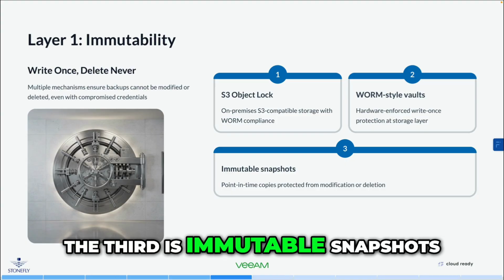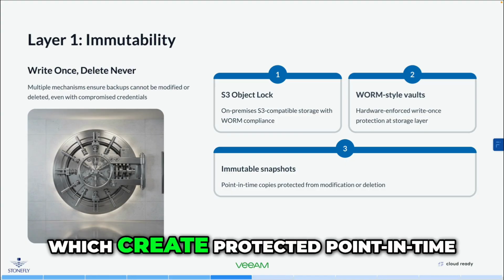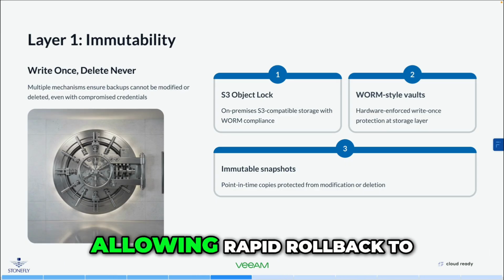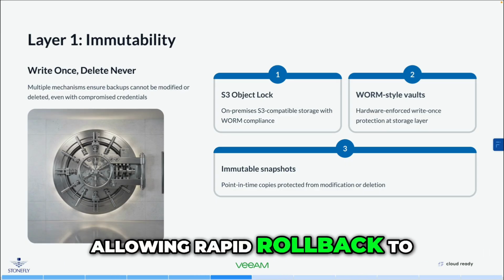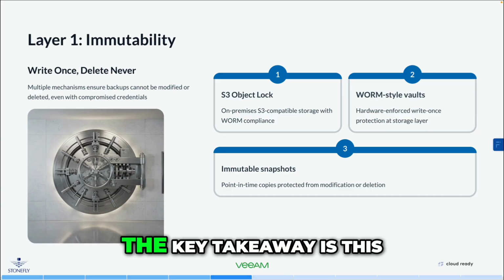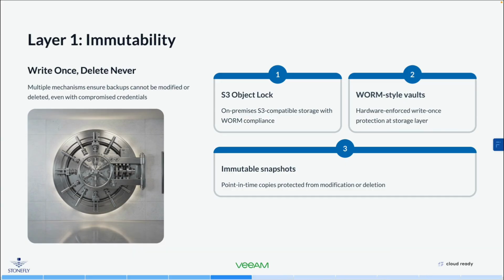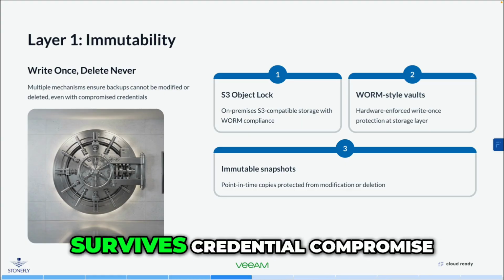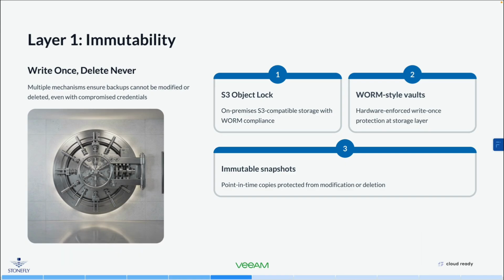The third is immutable snapshots, which create protected point-in-time copies that cannot be altered, allowing rapid rollback to a known good state. The key takeaway is this: immutability is not a feature you turn on. It's a condition that survives credential compromise.